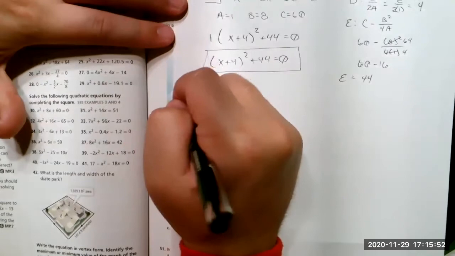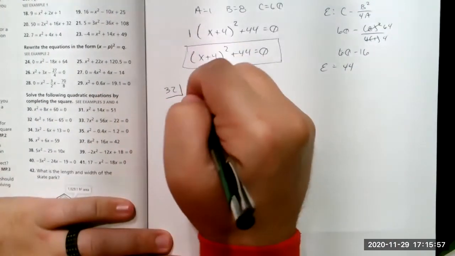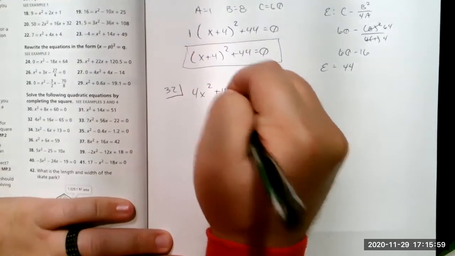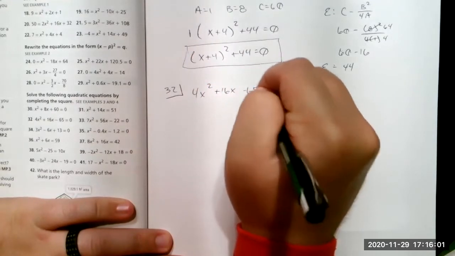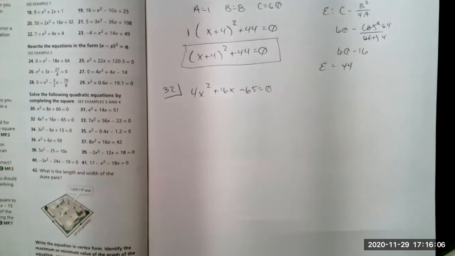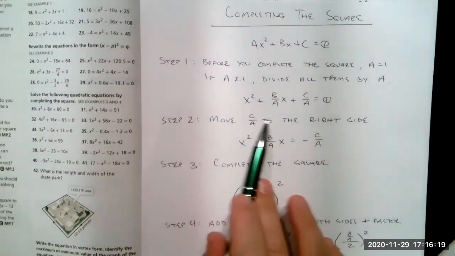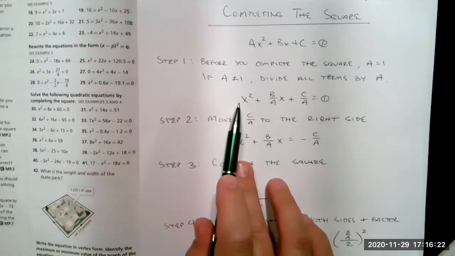So 32. 4x squared plus 16x minus 65 equals 0. One thing you'll remember back from the beginning of this video, I gave you these steps to complete the square. One of the important things is if you want to complete the square, you'll have to make sure that this equation has an A value of a positive 1.